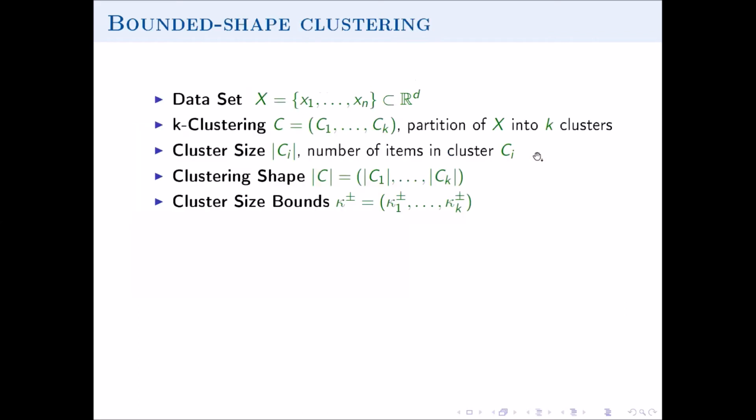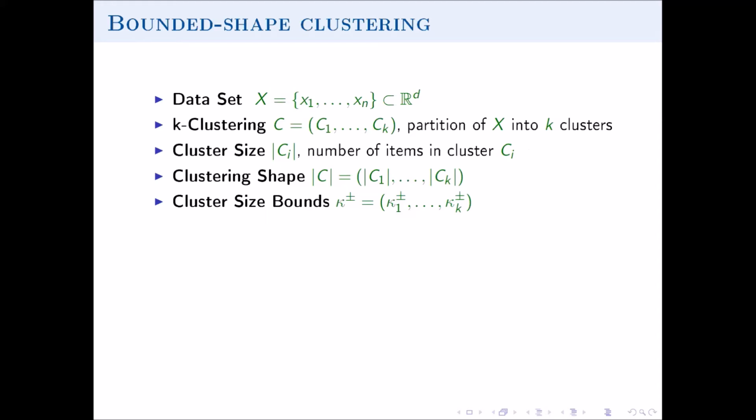But before I become a bit more technical, I need to go through a bit of notation, just real quick. I will call the data set that we work on capital X. When I talk about clustering, I always talk about the partition of X into K clusters. I'm going to care about the cluster size, denoted with these absolute bars around C_i, the number of items in that cluster.